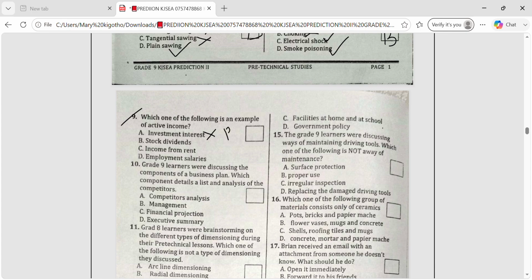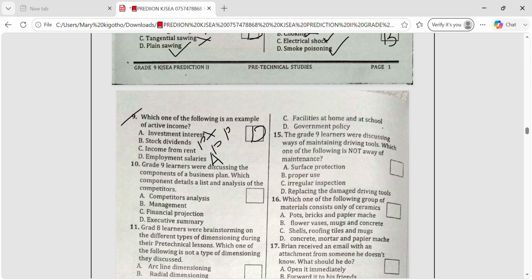Stock dividends, by owning shares, this is also passive. Income from rent, by owning property, tenants pay even if you are not working, so that's also passive. Then we have employment salaries, like a teacher, a doctor, and by showing up and working, that is active. So the answer is D there.